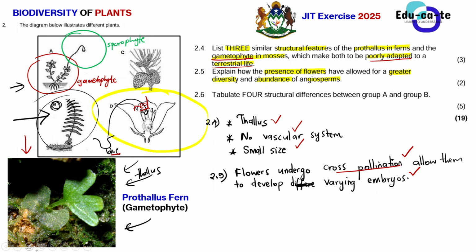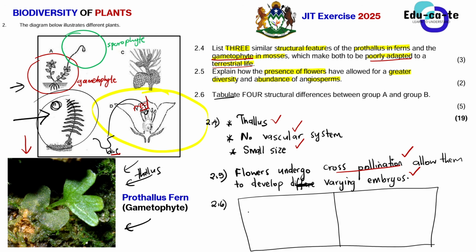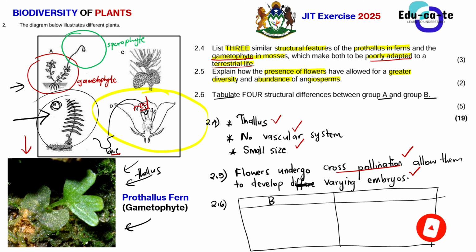Now 2.6, you will do it on your own. They say tabulate. When they say tabulate, you need to be able to draw a table. So you are going to draw a table and state 4 differences in the structure of group A and group B. You are comparing group A, which are the bryophytes, or you can say the mosses, to group B, which are the pteridophytes.